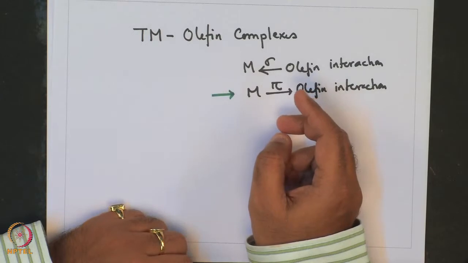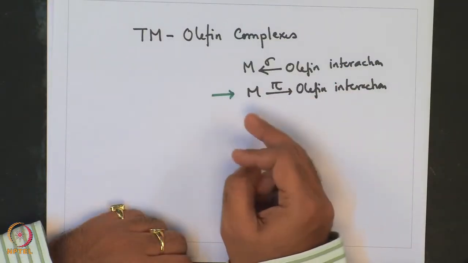So one can infer that olefin complexes of transition metals can only be stabilized when the metal has the capacity to participate in metal to olefin pi back donation. And to support this argument, most of the isolated transition metal olefin complexes all contain late transition metals.